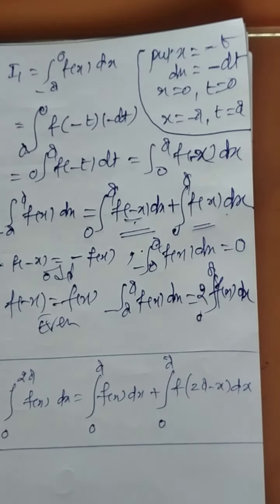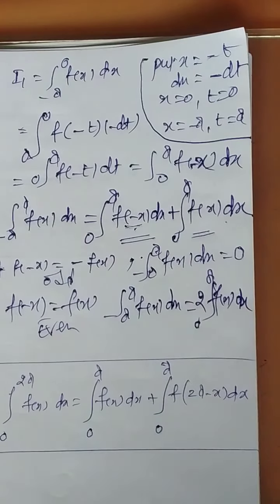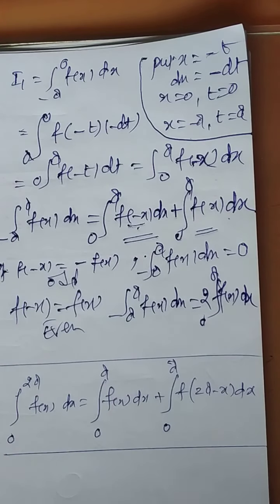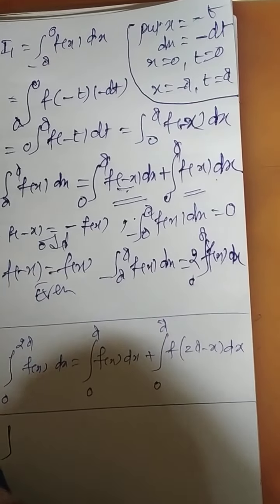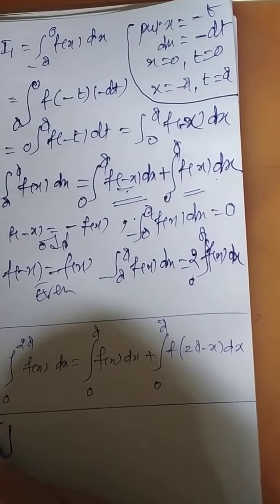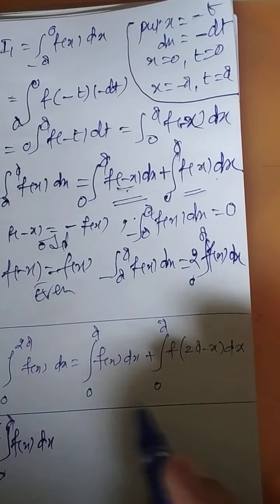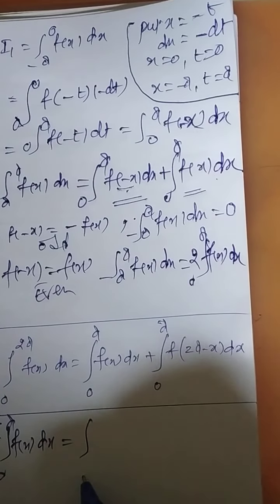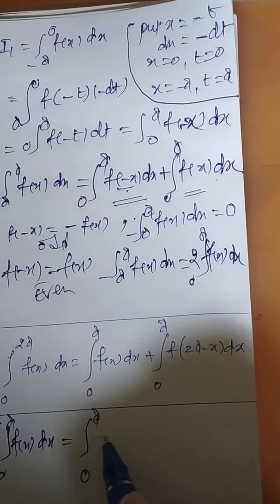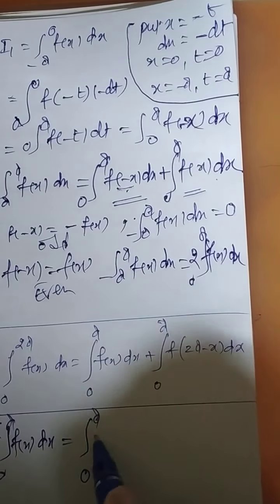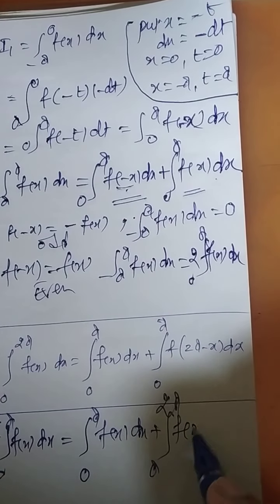Okay, one more property. Look at this: 0 to 2a of f of x dx can be written as follows. Again I am starting with the left hand side. 0 to 2a of f of x dx will be equal to 0 to a of f of x dx plus a to 2a of f of x dx.